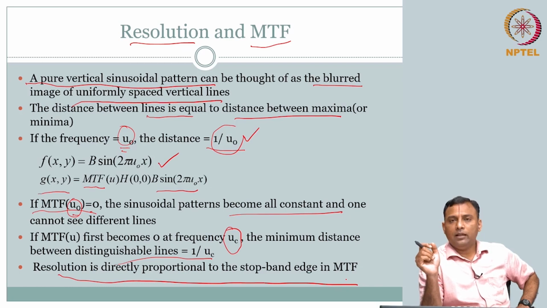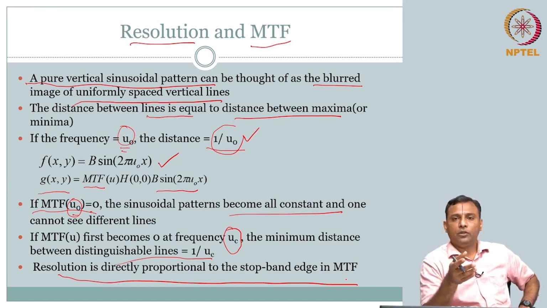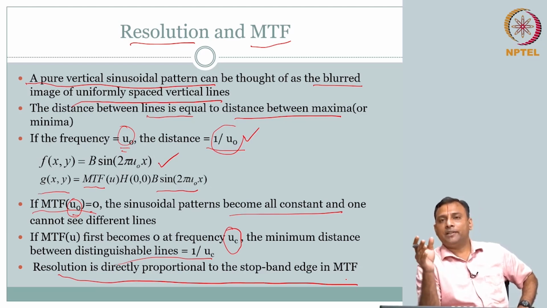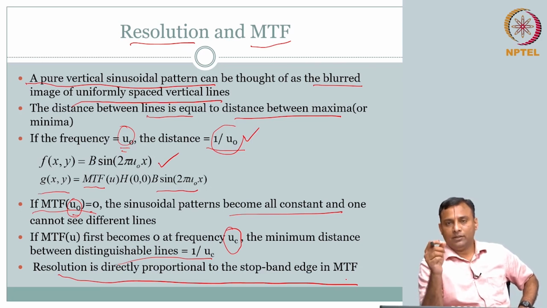Now if I give you that plot, you will be able to appreciate for contrast, if it has a similar pattern and is dropping off, one at UC1 and another at UC2, you will be able to quickly say that if UC1 is less than UC2, you have better resolution with UC2, because more frequencies are passing through the system.